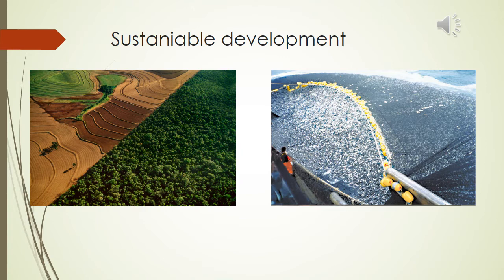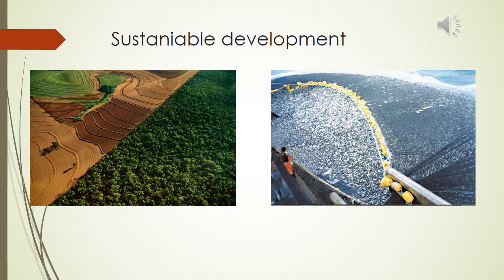So one of the reasons why we humans are such a dominant species on our planet is because we have developed our society a lot, and we have done that by using our natural resources. But now, as we're pushing around 7 billion people on Earth, there's a lot of thought into how we can have a more sustainable development.